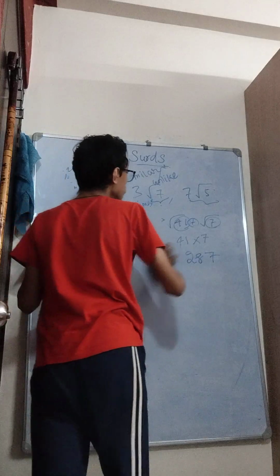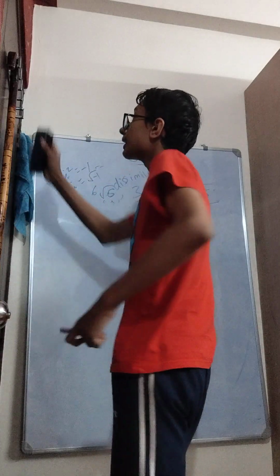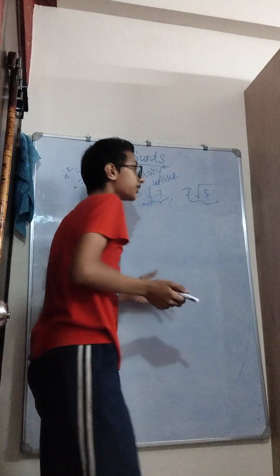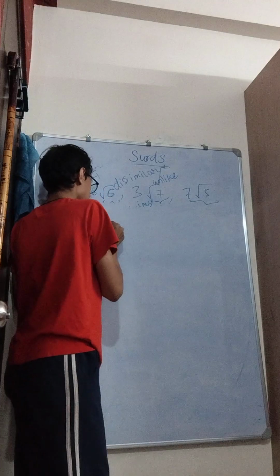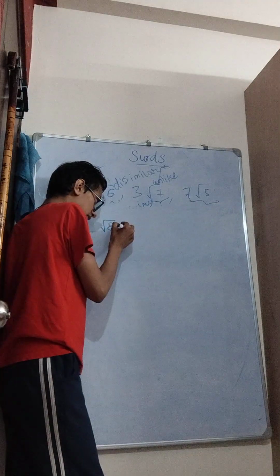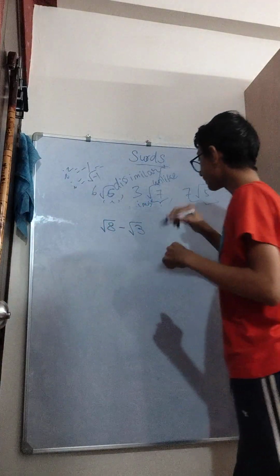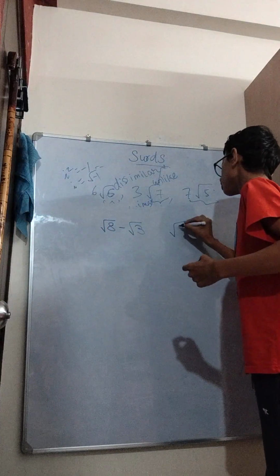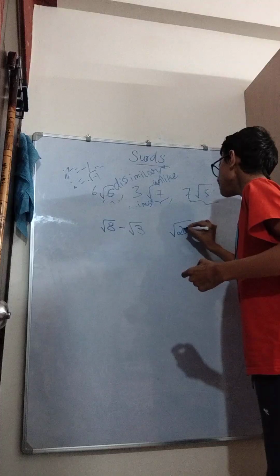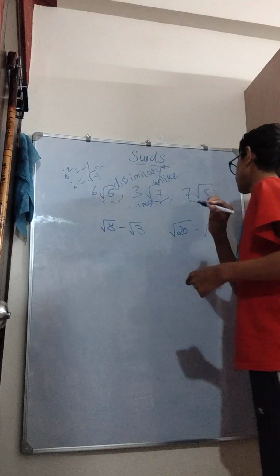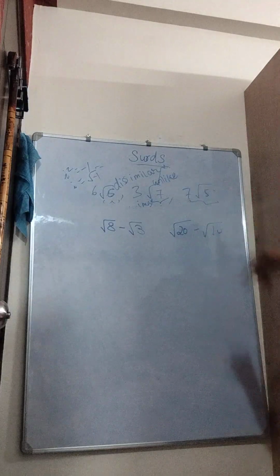Now what if they give a minus instead of a plus? For example, root 8 minus root 3, then root 20 minus root 10. How to solve this?